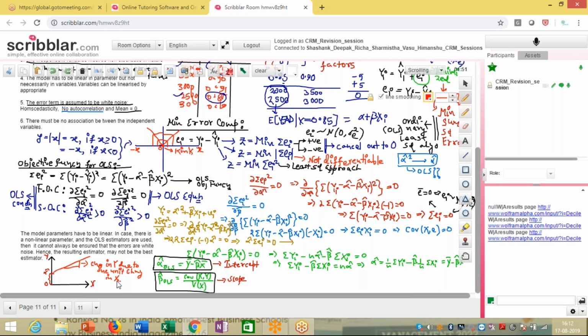So this is something that we have. So change in y due to 1 unit change in x.